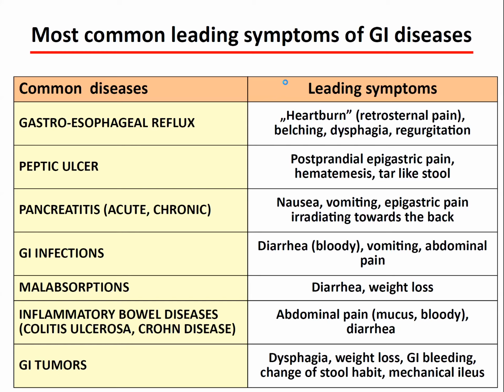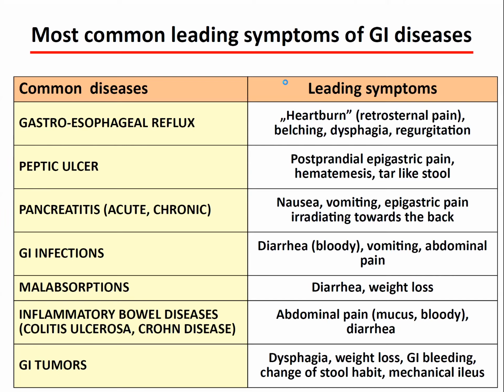Very many of us usually have GERD, or gastroesophageal reflux disease, that is manifested usually with the symptoms of heartburn, when the patient feels some retrosternal pain, or belching, dysphagia, or regurgitation, or they have some teeth erosion.